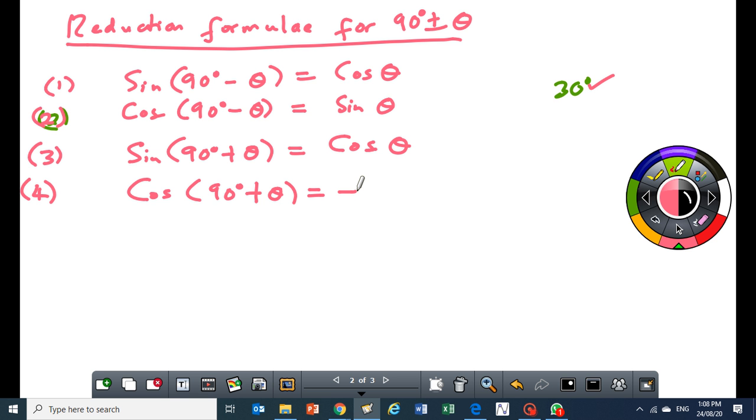But because sine is positive, to make the ratio negative, we have to put minus sine theta. You can test that by putting 30 degrees here, 30 degrees there. Do it, please.